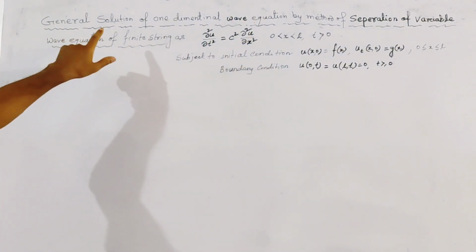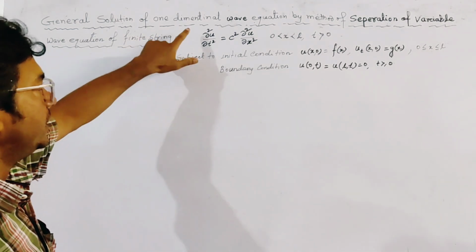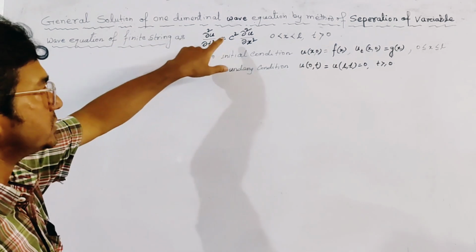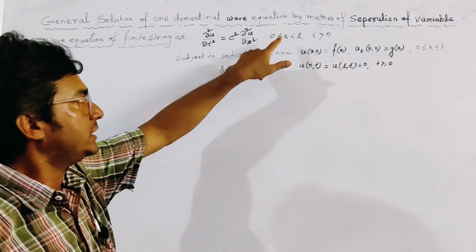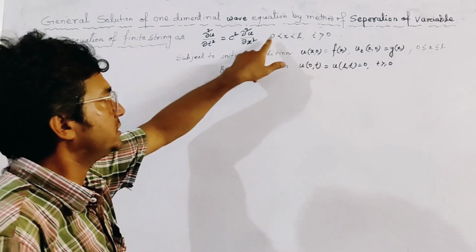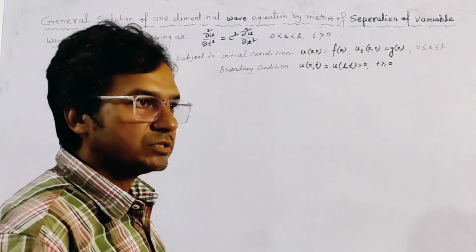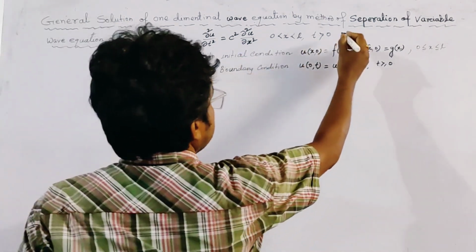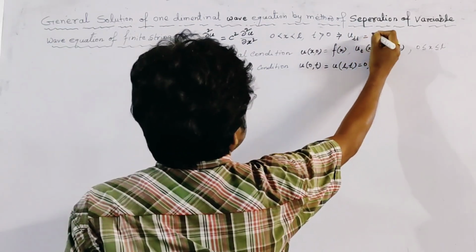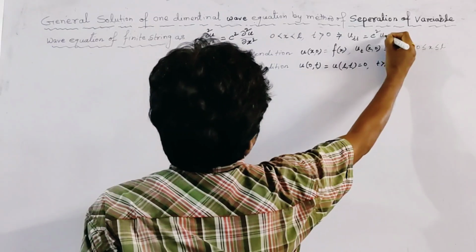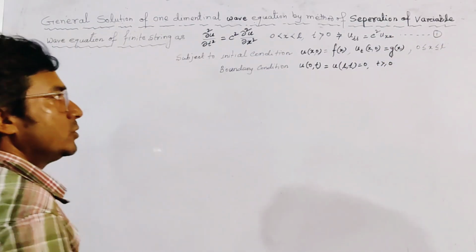The wave equation for the finite string is given by ∂²u/∂t² equal to c² into ∂²u/∂x², where the length of the string is 0 < x < l, and time t is greater than 0. This equation can also be written as u_tt equal to c² u_xx. We name this equation number 1.